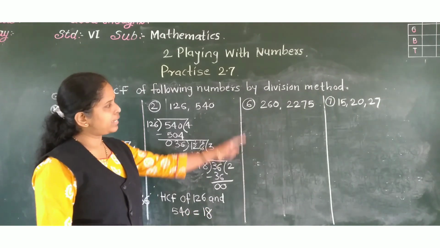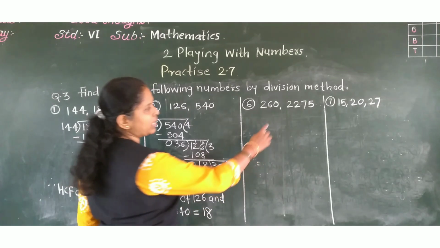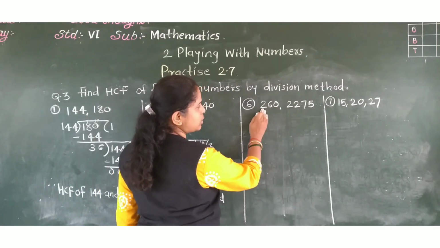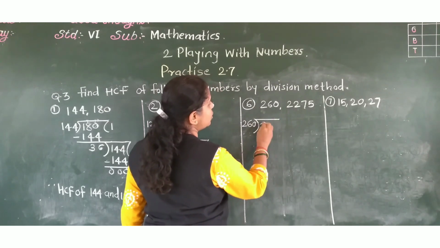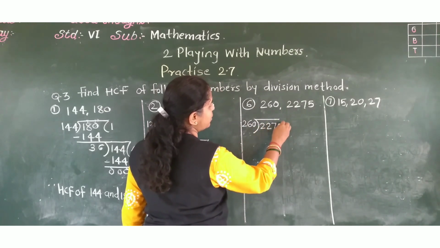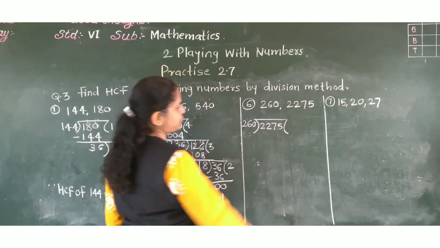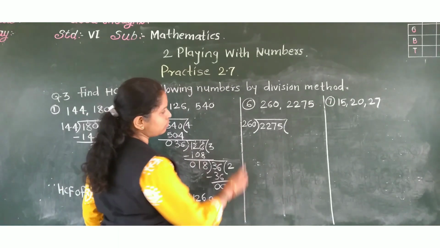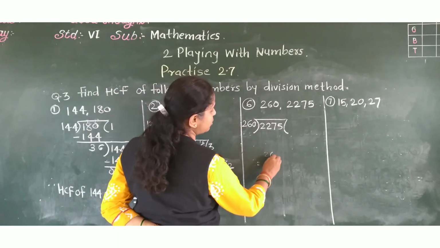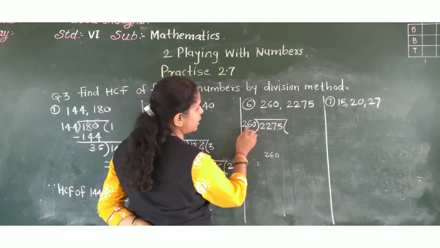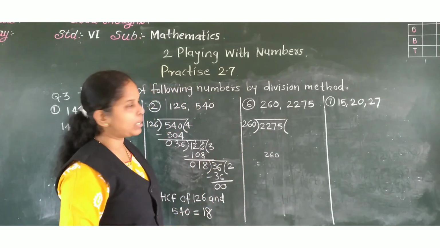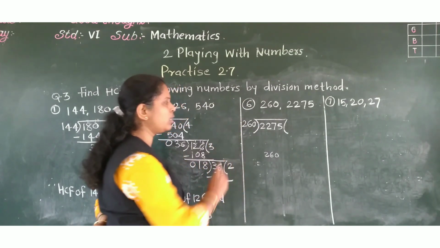Okay. Next. Now compare these two. This is smaller, so with this we will divide 2275. Okay. Now 260. We cannot divide these three numbers by 260. Why? Because 227 is smaller than 260.